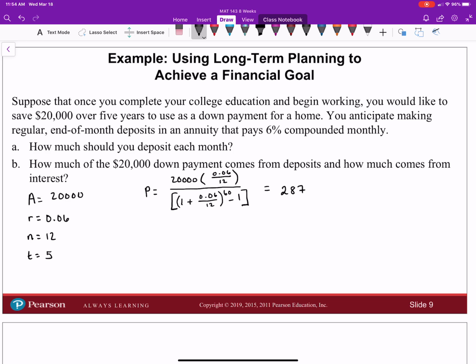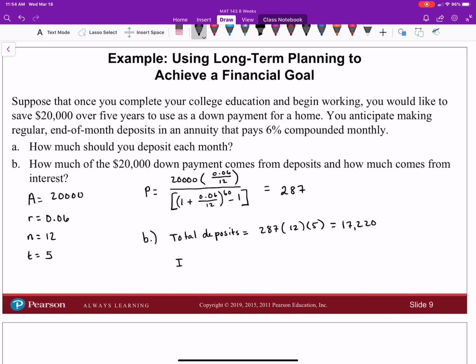So for part B, total deposits is equal to $287 times your 12 times your 5, which is equal to $17,220.